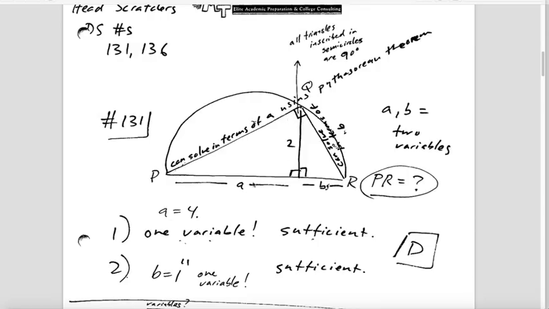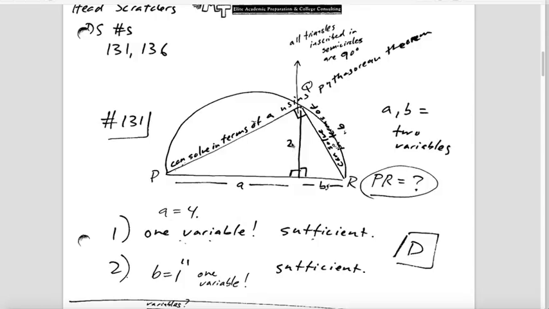But anyway, if you know A, it appears that you can only solve for this hypotenuse of the medium triangle, which does not appear to be related to PR, right? But the thing is, you kind of need to think this whole thing through before you begin. You need to conclude all of the things that are possible to conclude based upon Pythagorean theorem, for example.